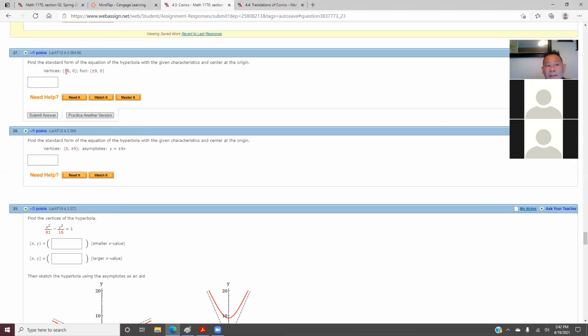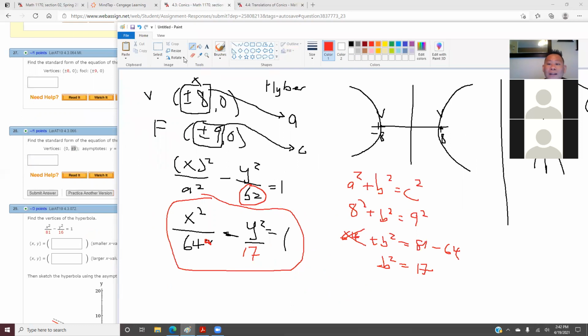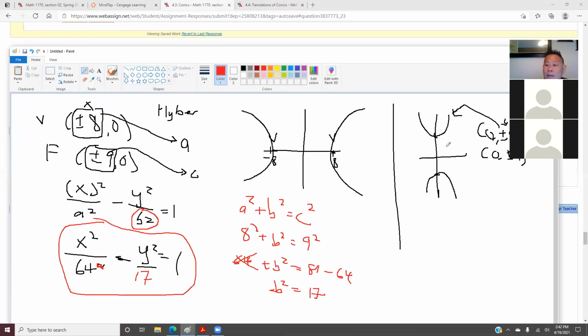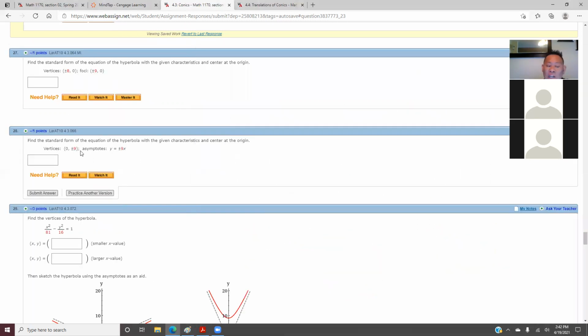You can tell that the plus minus sign is on the x value, so it's open sideways. Now, if you look at this one, the hyperbola, your plus minus is on the y value, so we know it's going to be open this way. So make sure you pay attention to the pattern, to the stuff that I'm pointing out here, because it's really going to help you in your test.